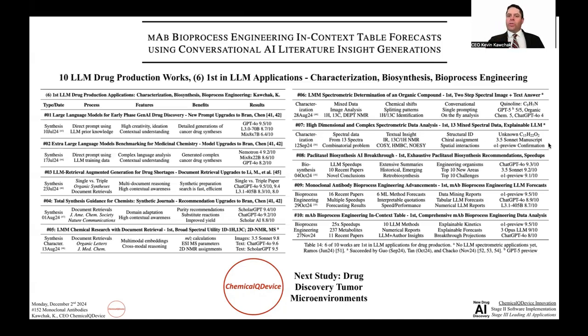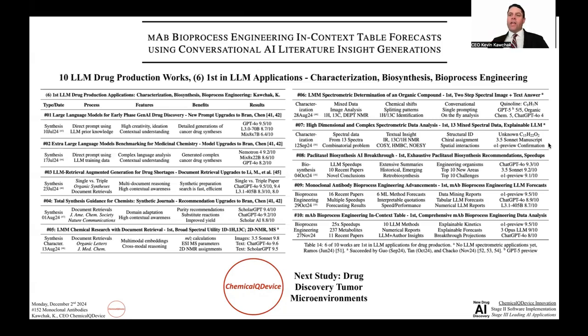Now, number 7 was a big one. Basically, I took 13 of these mixed spectral data, and it was UC Irvine, again, open source. It wasn't able to convert spectra into text right away, but I converted it into text. I analyzed all the 2D and 1D NMRs and IRs, and there's 13 of them.